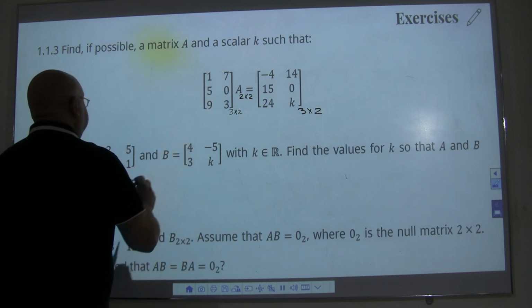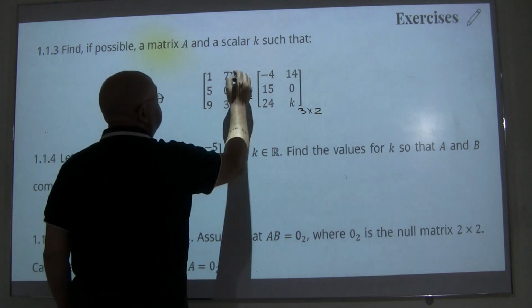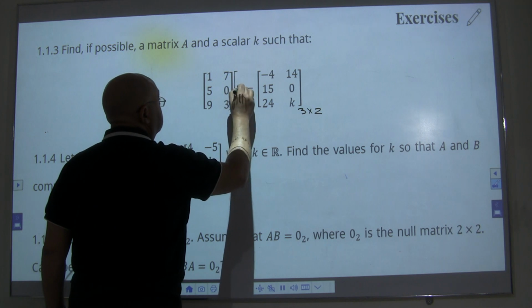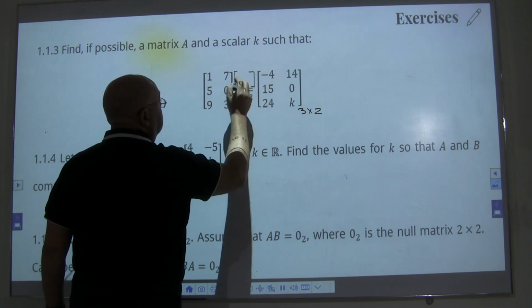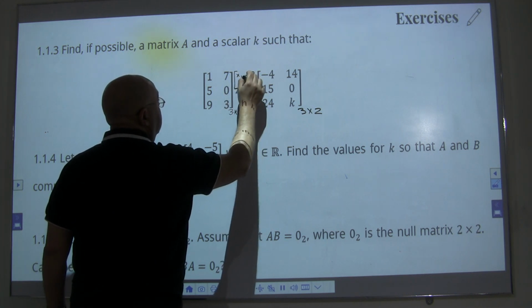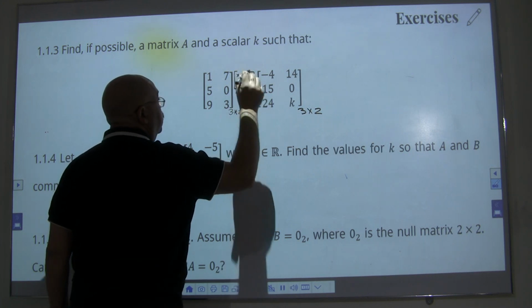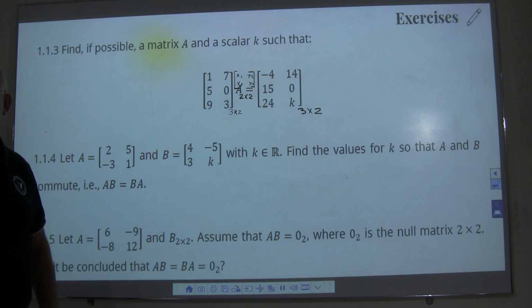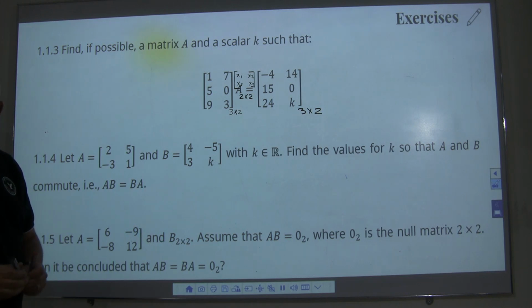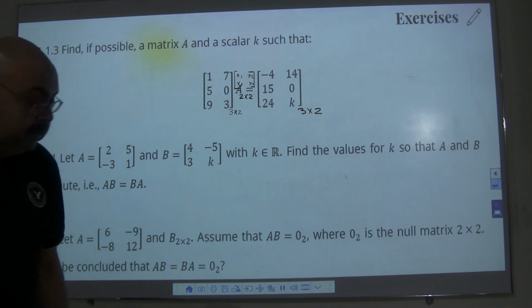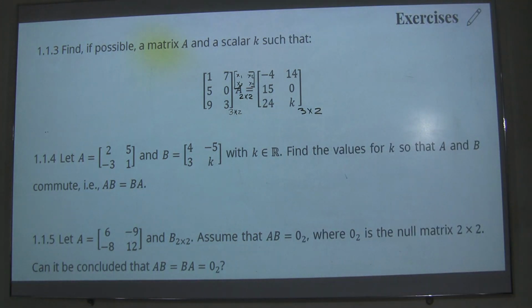I will let matrix A be x1, x2, x3, and x4. Is it possible? Let's do the multiplication. Okay. I need the blue pen. Yes, sir.